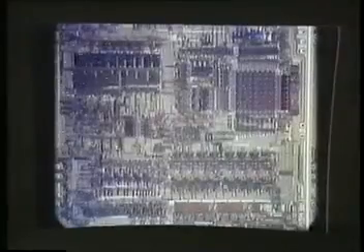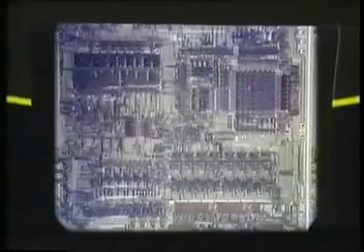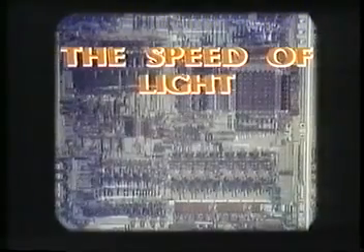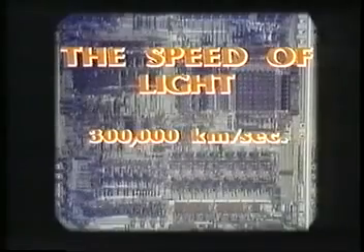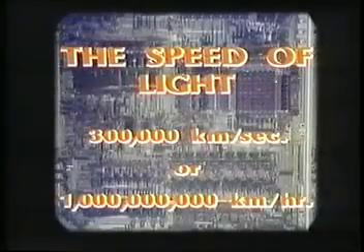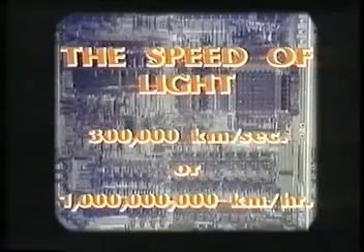You could argue that all this could be done with a calculator or even with paper and pencil, but you'd never get all those figures to come up so fast. In a way, we're now touching on the secret of the computer's power. Its speed. Electric current travels through the computer's circuits at very close to the speed of light, 300,000 kilometers per second, which is about 1 billion kilometers per hour.